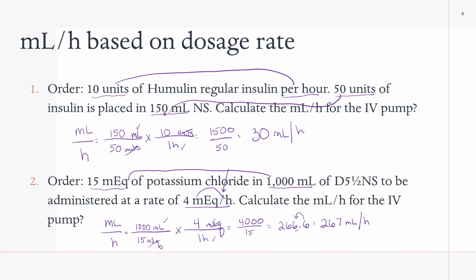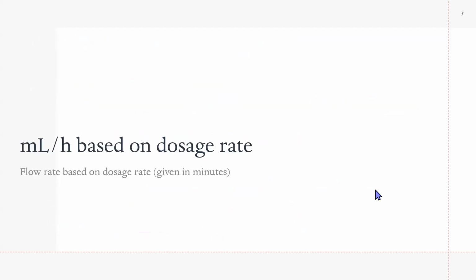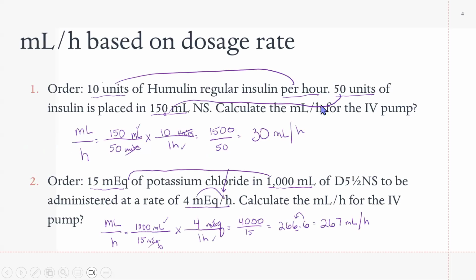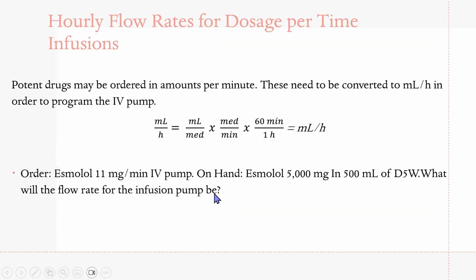Okay. For the next one, now we're going to work problems where the dosage is per minute. These were where the dosage was per hour. So we're going to add another step, and this is how you would set it up. This is where certain medications are administered per minute, but of course you have to set the pump per milliliter per hour.